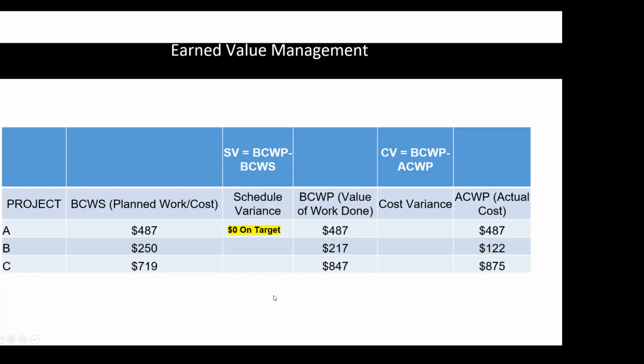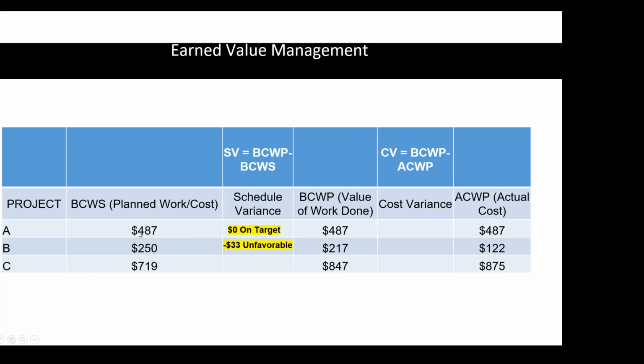Let's do project B. Budgeted cost, I plan to pay $250. And when they were done, the value of the work was only $217. But that's not good. The difference is a negative $33, which is unfavorable. I want the value. Just think about if you put an addition on your house, you expect the value of your home to go up, not down.